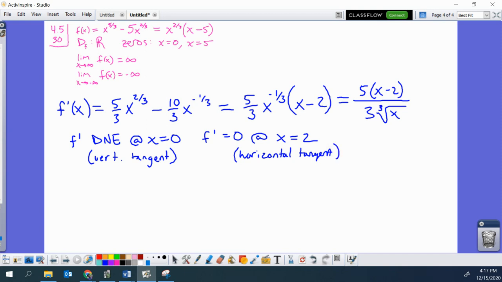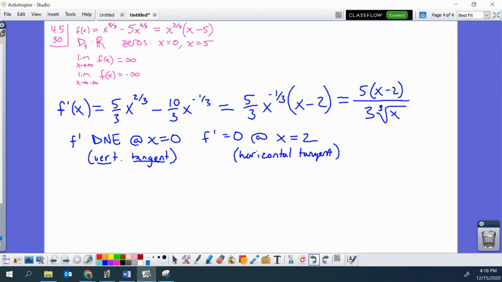Okay, when I said vertical tangent here, I mentioned I believe it's a cusp. Actually, I'm not sure yet. We'll see in the sign chart. It's a vertical tangent, though. If it's a cusp, then it's going to be a vertical tangent from either side. The nomenclature might be a little funky there, though, because do you call it a vertical tangent if you have that sharp directional change?